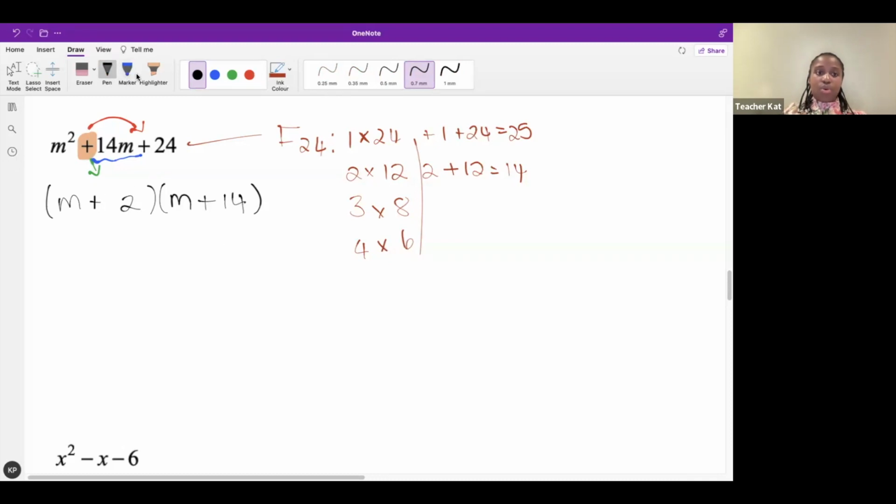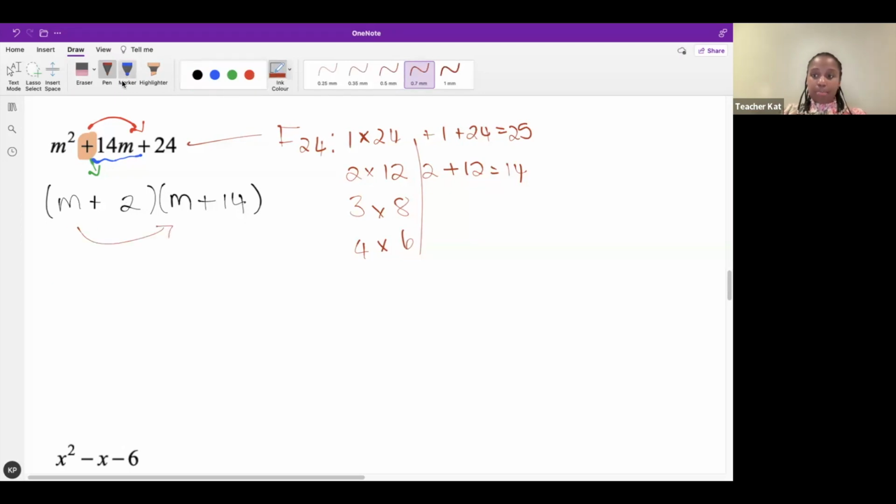And then if you are not sure, how do you check if your factorization is correct, guys? I forgot to say this right in the beginning. How do we check that our factorization is correct? Remember how we checked in our previous lesson that our factors were correct? You FOIL it. Because if you FOIL it, look what's going to happen.